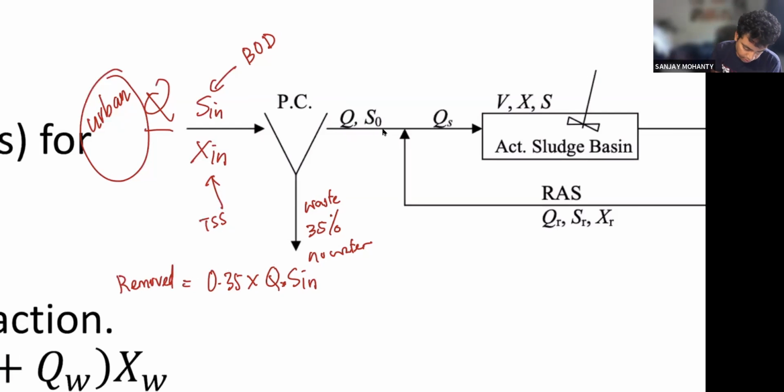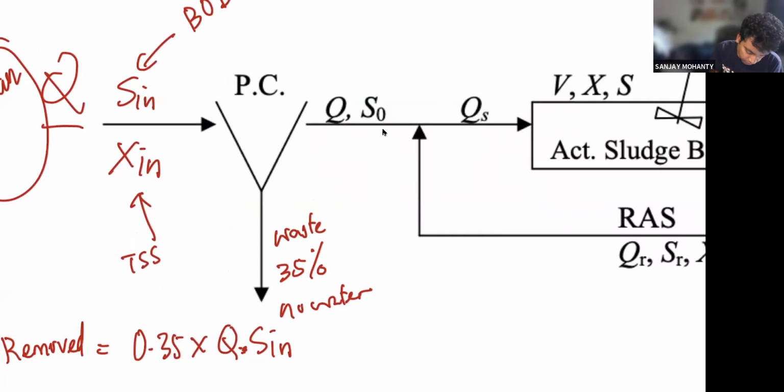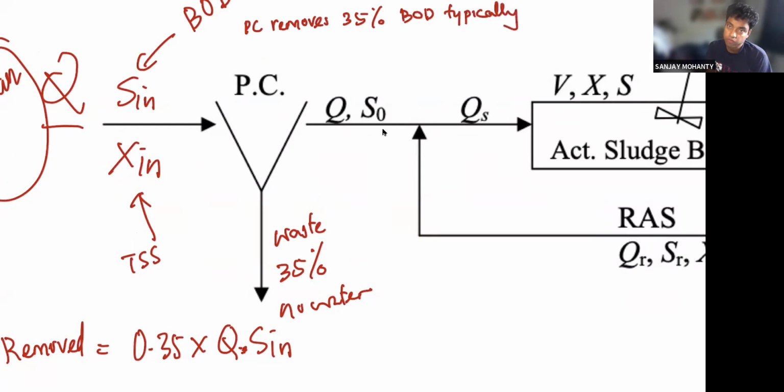And then what happens is S in becomes S0. So how much does that become? Because your Q is not changing, usually you can write that if it says, let's say, that PC removes typically 35% BOD, typically, but check that in the questions.